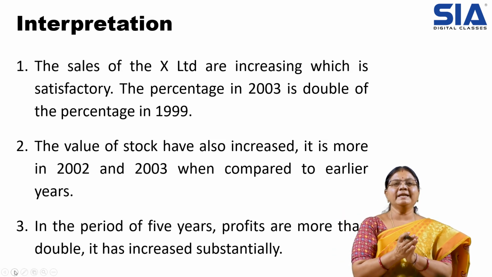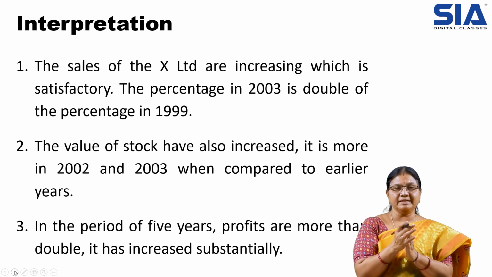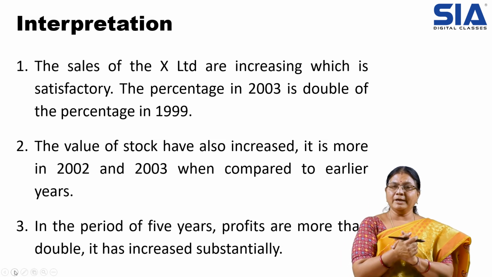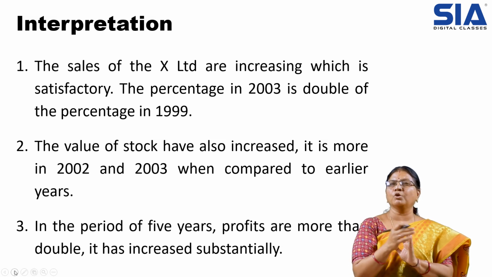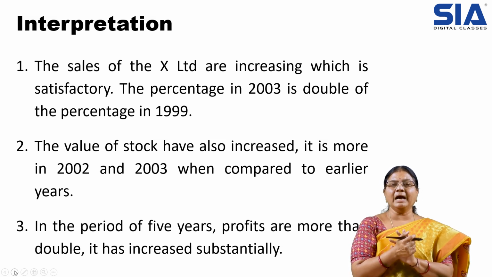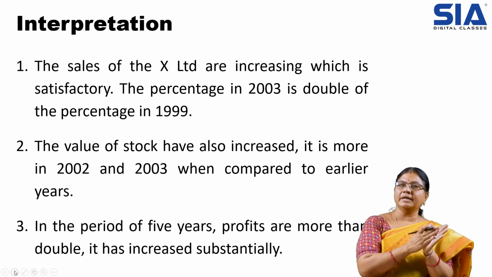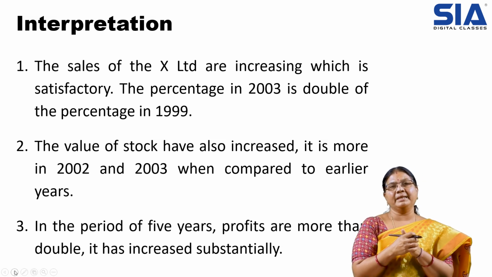The sales of the company are increasing in percentage from 1999 to 2003, almost double. Stock has also increased to some extent, more than 50%. And coming to the profits, it is again showing double. From 100% to 209% is not easy. So the company is performing very well, and we can say the company's financial position is very sound.